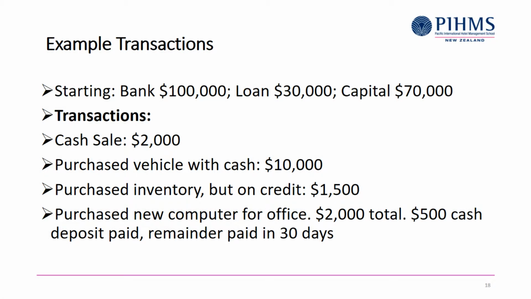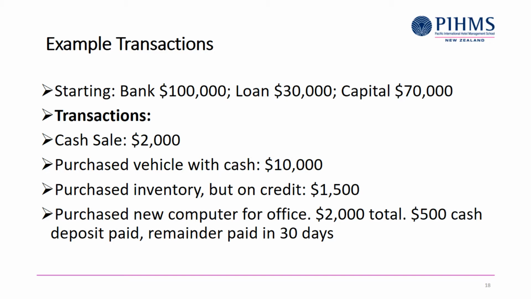So let's go back. We want to record some transactions. There's always going to be one debit and one credit, and at least two accounts involved. The first transaction is a cash sale. Cash sale means a customer has come in, they've bought something, and they've paid us into the bank account straight away, and we've made money.